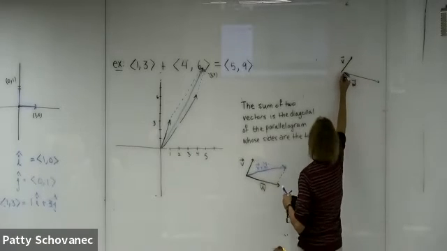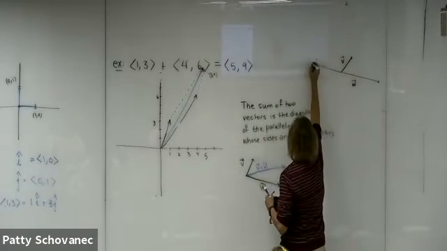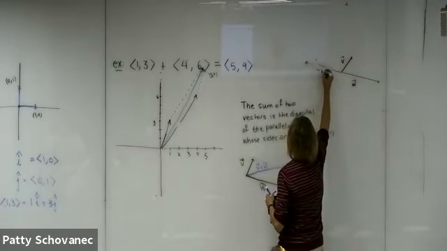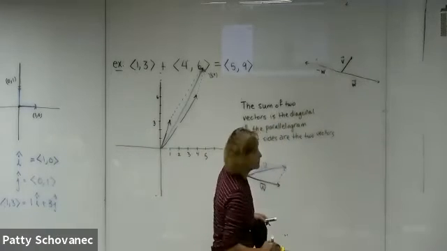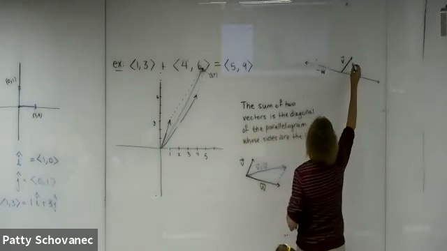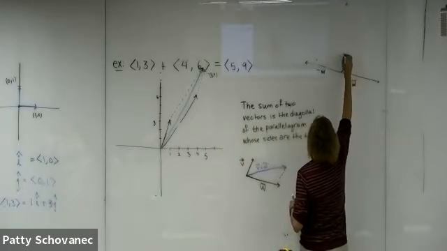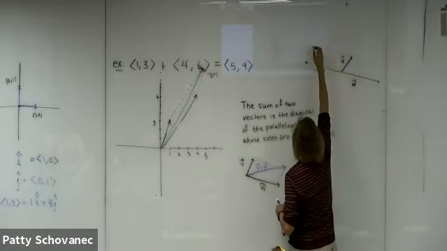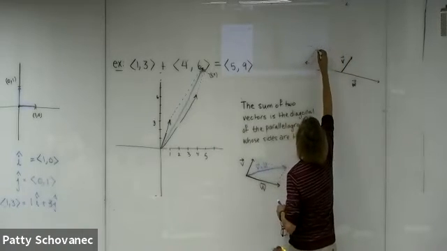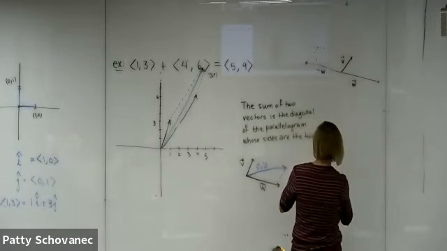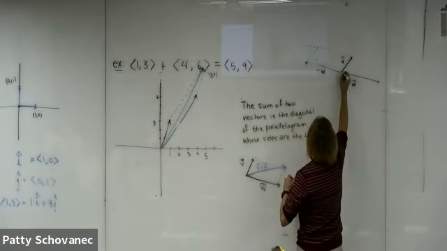Then vector minus W goes this way. And so V minus W is the same as V plus minus W. That would be here.